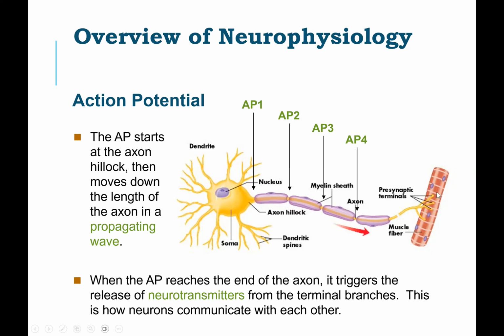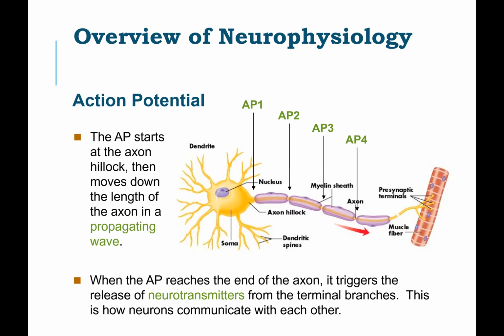When it reaches the very end, which we call the terminals of this neuron, the presynaptic terminal, how can it pass on this signal to the other cell? This is what we're going to talk about.